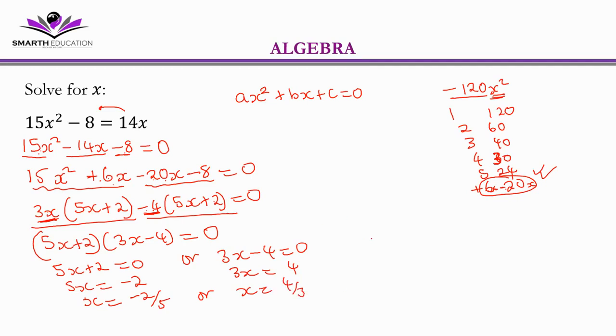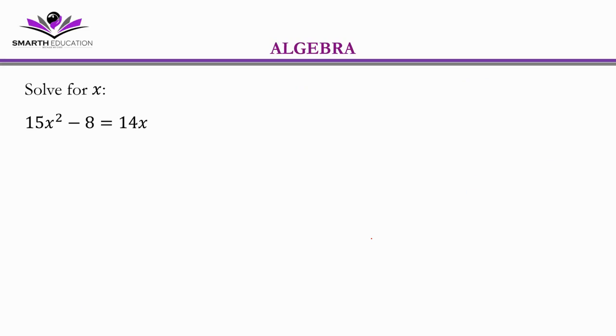Right, let's do the second method. You write your equation in standard form. So it's 15x squared minus 14x minus 8 is equal to 0. You just do trial and error with the factors of 15x squared and the factors of negative 8.